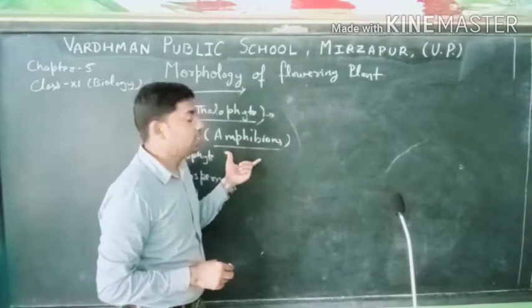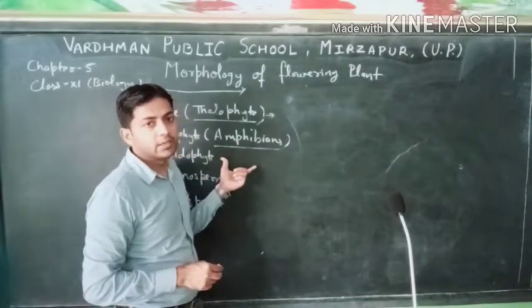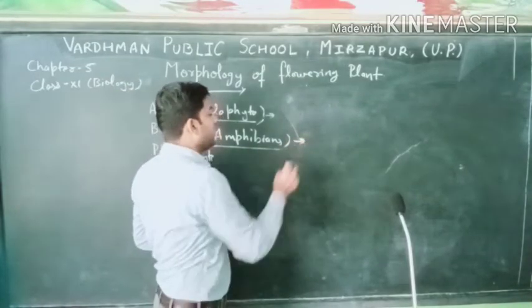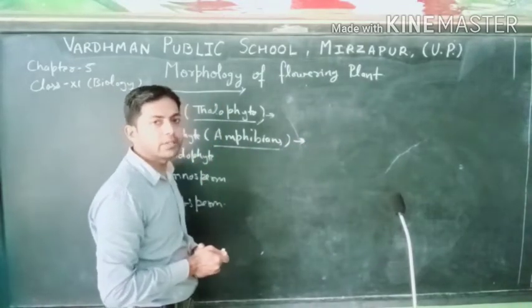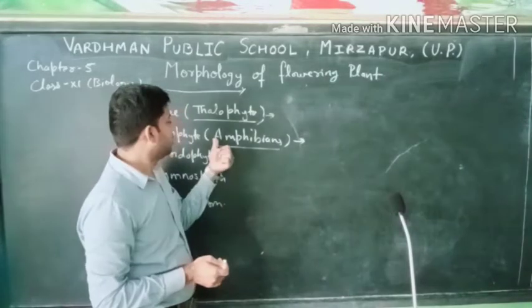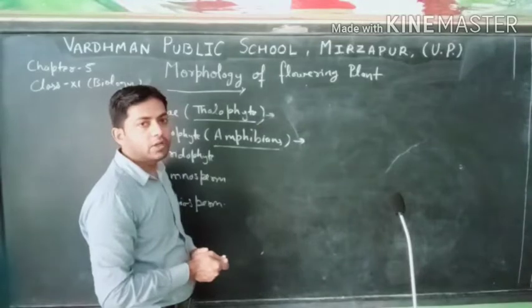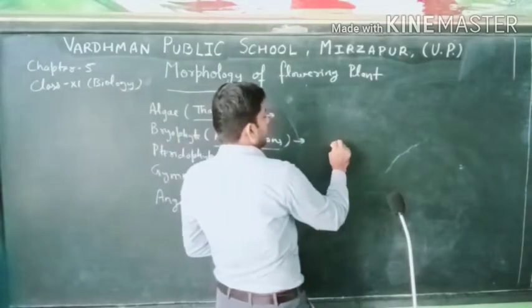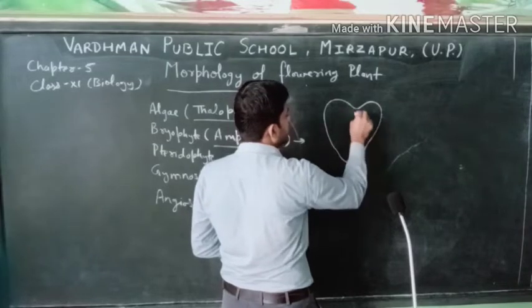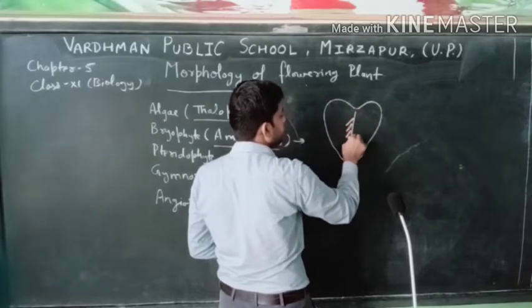Amphibians means it is a type of plant that is present in two habitats. Bryophytes are the first plants present on land, but they require water for reproduction.